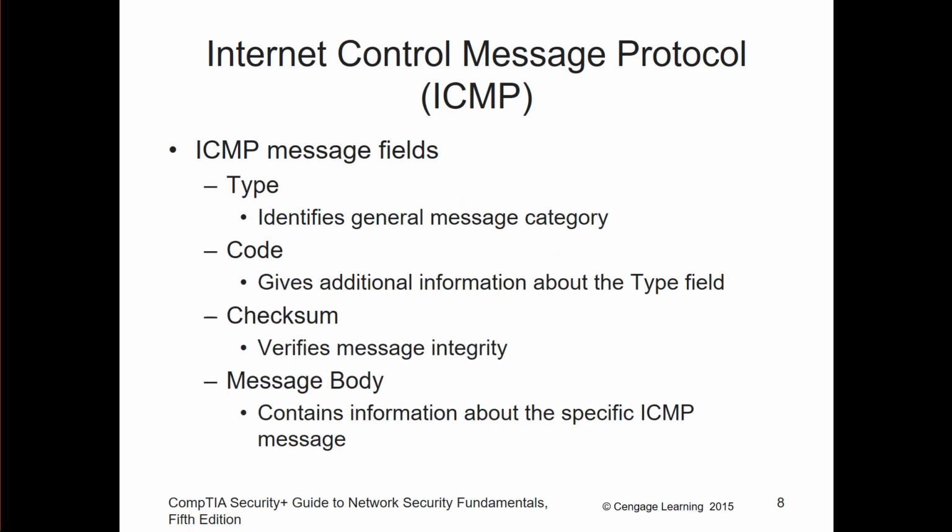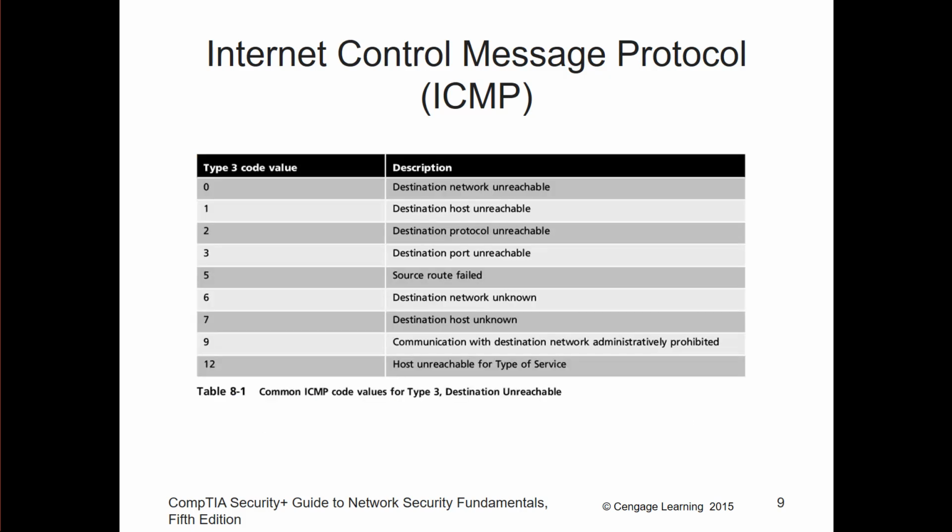ICMP has several message fields. We have several different types, codes. It also has a checksum and a message body, though types and codes are the big ones. So we actually have several different types of codes. We have a 0 type, we have a 1, a 2, a 3, a 5, a 6, a 7, a 9, and a 12.